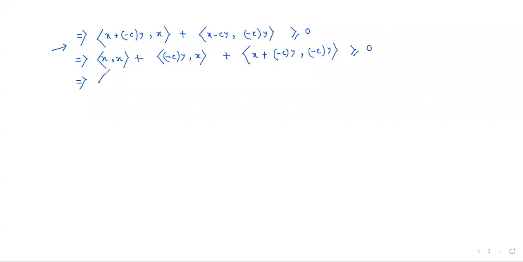Then again, I am writing it as x comma x, this can be written as minus c into y comma x, and again here I can write it as x comma minus c into y plus minus c y comma minus c y, greater than or equal to 0.